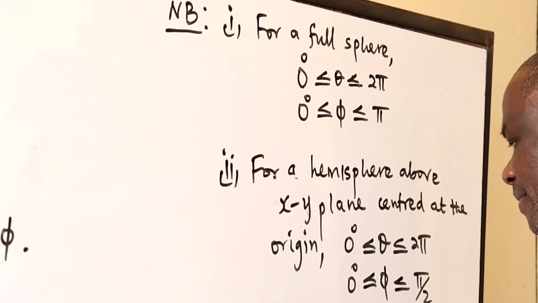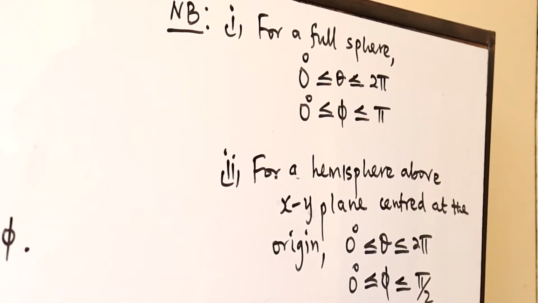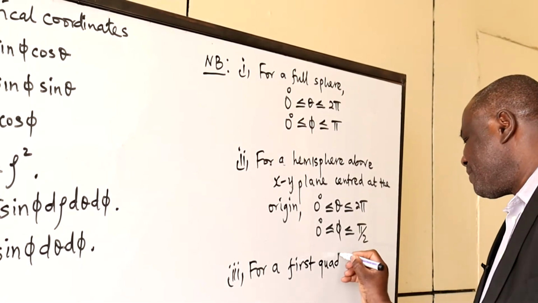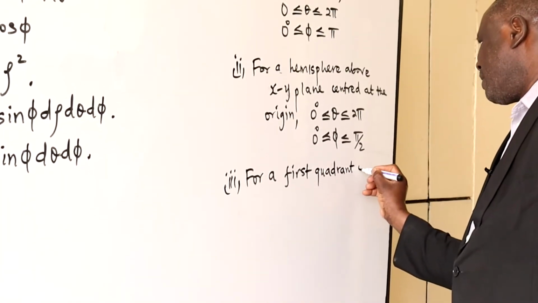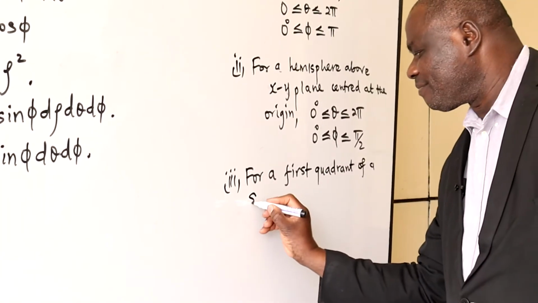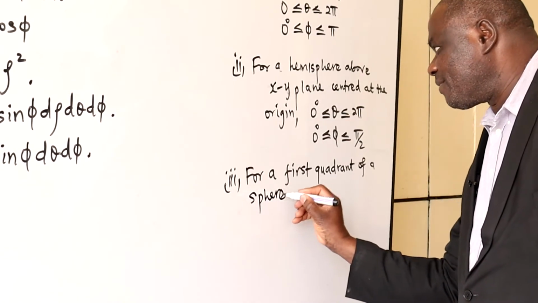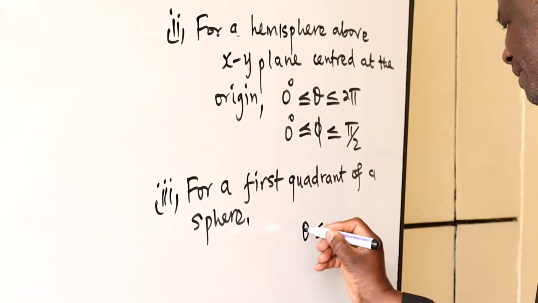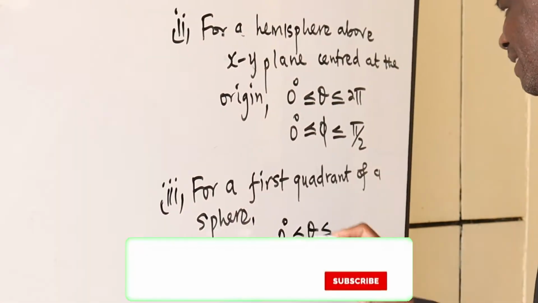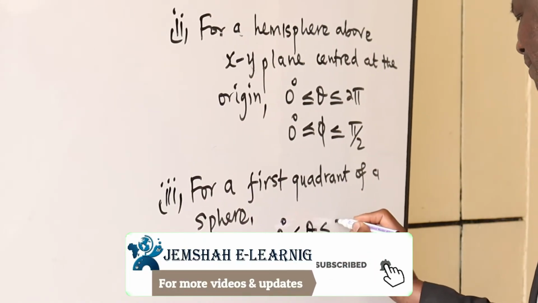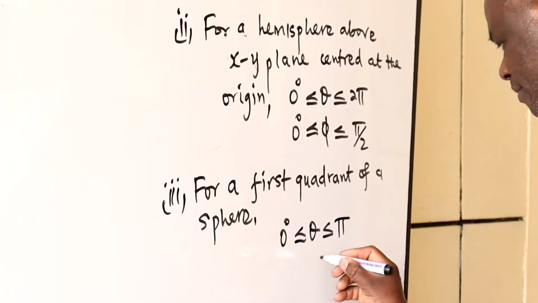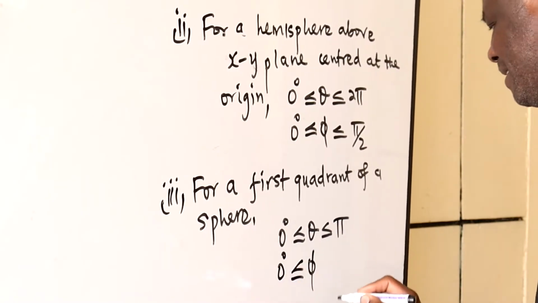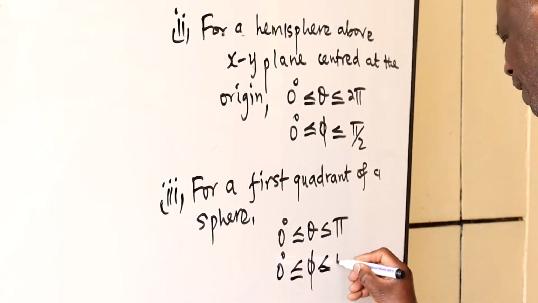For a first quadrant of a sphere, theta will be changing from 0 degrees to pi, and phi will be changing from 0 degrees to pi over 2.